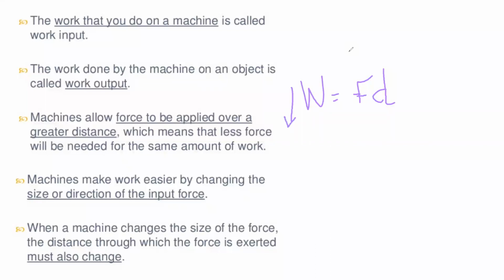To make the work easier, you can do two things. If the work is 20, then the force could be 2 and the distance 10, or the distance could be 5 and the force 4.